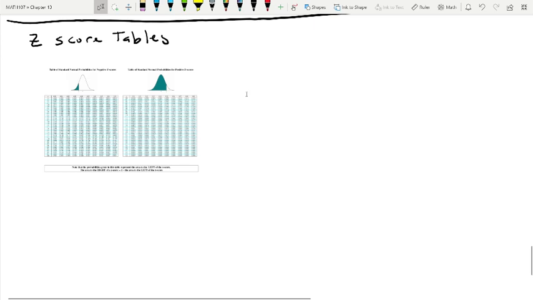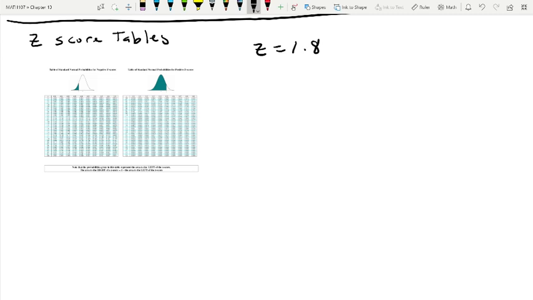But basically the way this works in terms of a z-score is it tells you how much area is to the left of your number. Right? So for the person who got a test score from above, we said the z-score was 1.8.